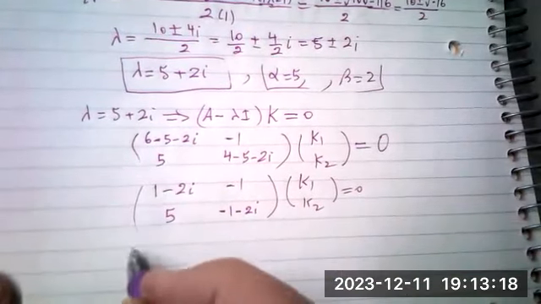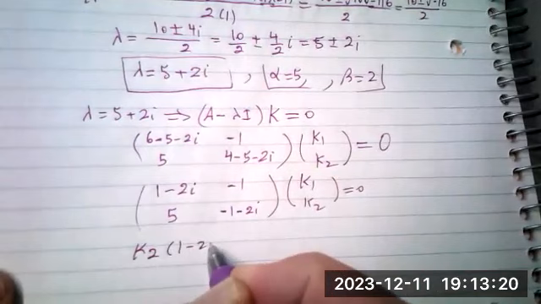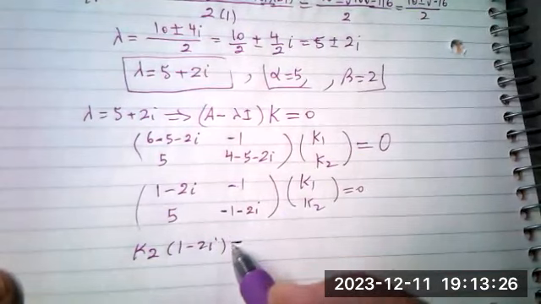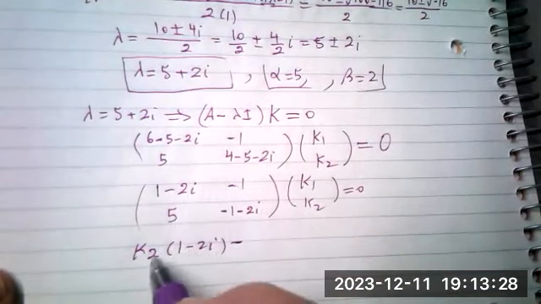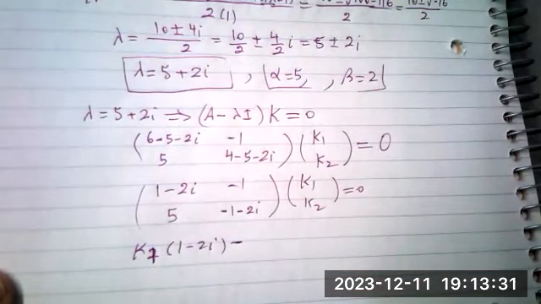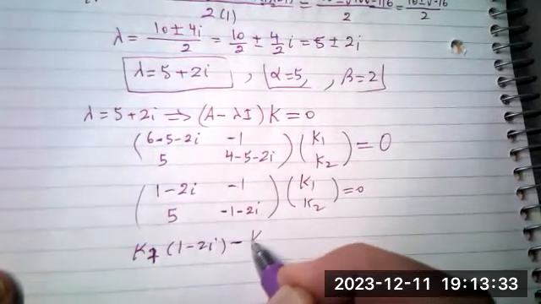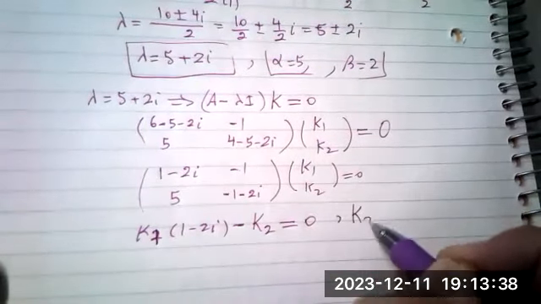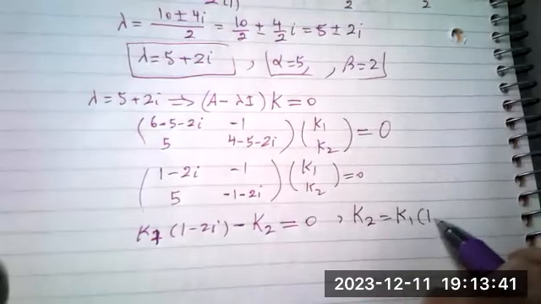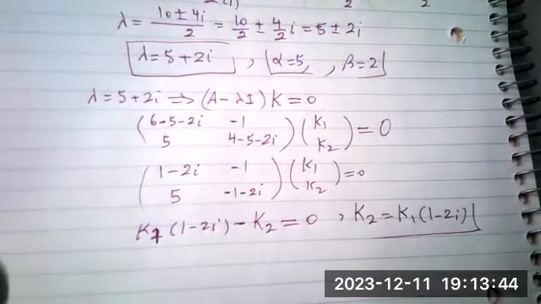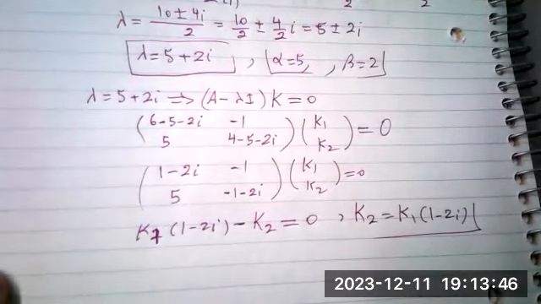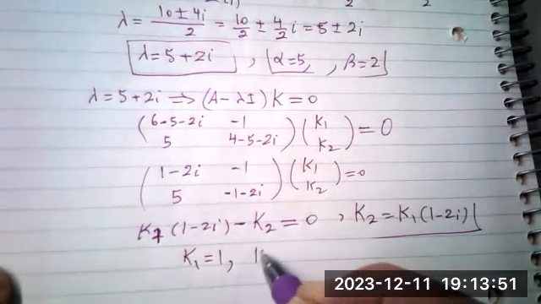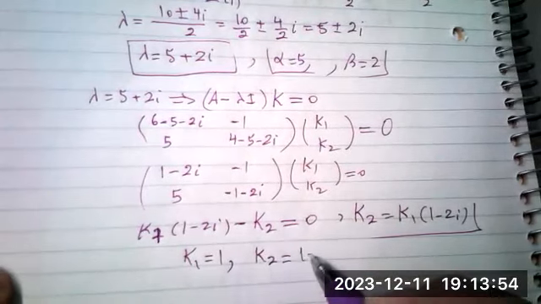When you multiply this row and the column, that gives you k1 times (1 minus 2i) minus k2 equal to 0. So we can find k2. So k2 is k1 times (1 minus 2i). Okay, and we can pick a number for k1. So we pick k1 to be equal to 1, so k2 would be equal to 1 minus 2i.